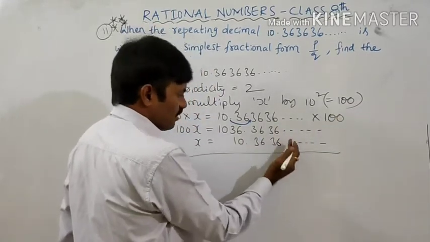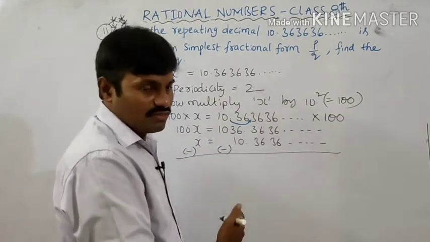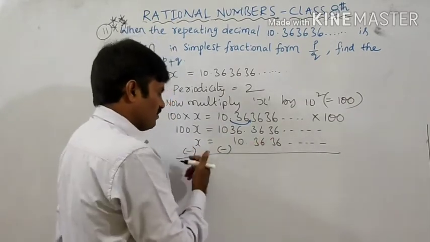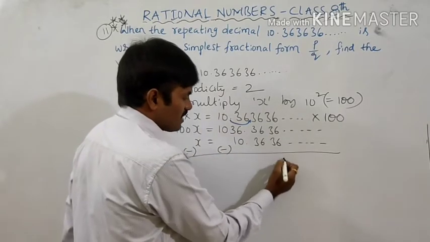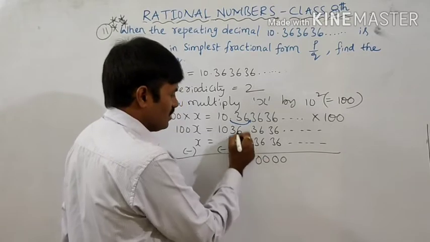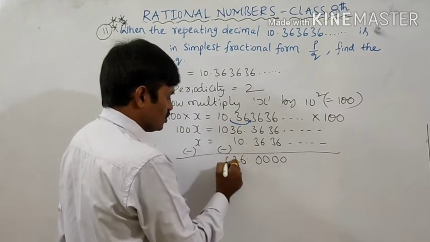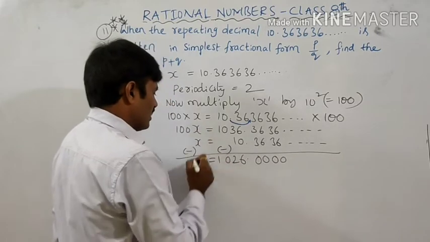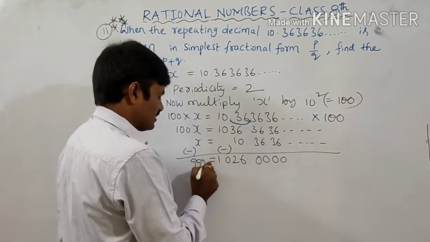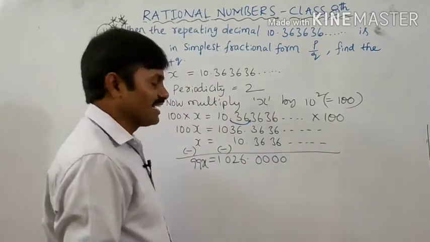Now subtraction from right to left: 6 minus 6 is 0, 3 minus 3 is 0, 6 minus 6 is 0, 3 minus 3 is 0, 6 minus 0 is 6, 3 minus 1 is 2, and 0 minus 0 is 1. So 100x minus x is 99x.